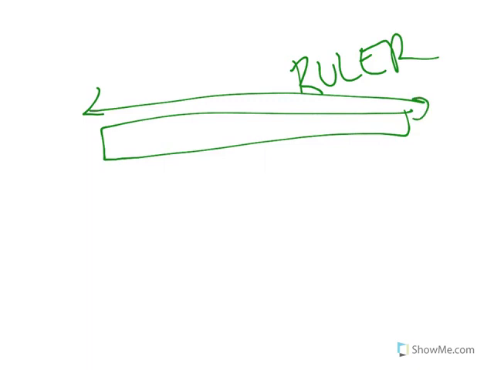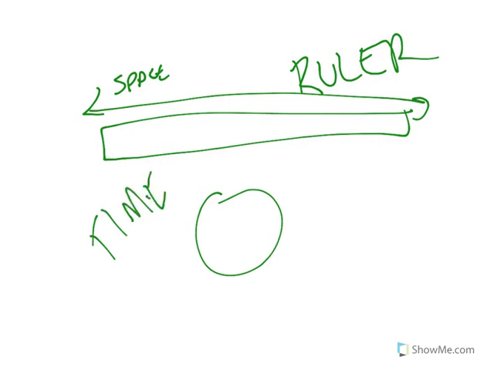Space doesn't have to be outer space. There's space right in front of you, the space between your ears. And then the other quantity that we measure is time, and you do that with a stopwatch. Or we can use our phones in class to measure time. You can also use your phones to measure distance now.